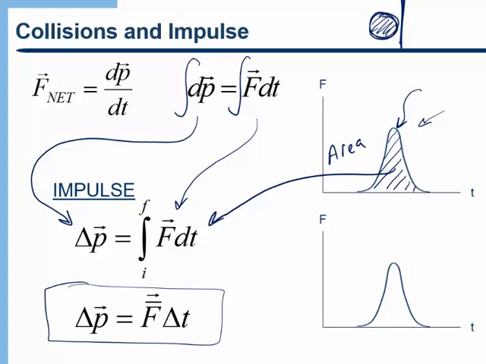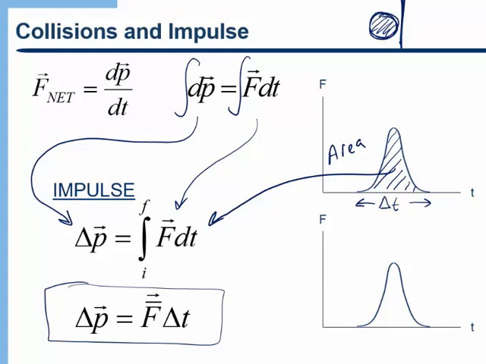Now, it turns out that often we don't really know the details of what the force looks like over time. In other words, we don't have this information here. So what we do is we come up with an equivalent way to look at it, which is to say, what was the average force acting during the time of the collision? In other words, the time of the collision, delta t, is just the time over which there was a force.